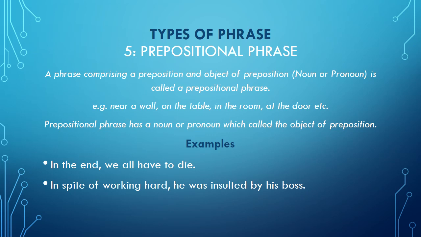For example, near a wall, on the table, in the room, at the door, and there are so many examples where a phrase comprises a preposition and the object of a preposition.